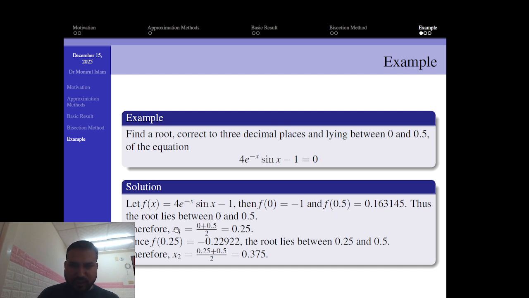So take the first bisection, that means 0.25, and f(0.25) is negative, that means the root lies between 0.25 and 0.5. Similarly you can take x2. x2, another bisection, is 0.375, and check whether this is positive or negative, and so on.